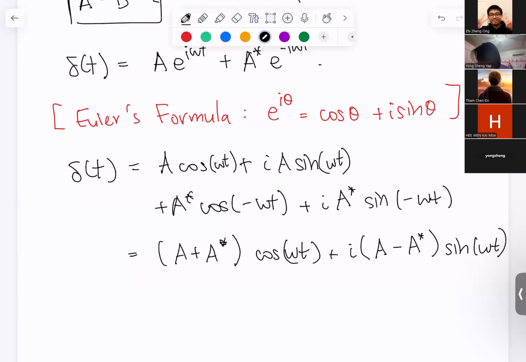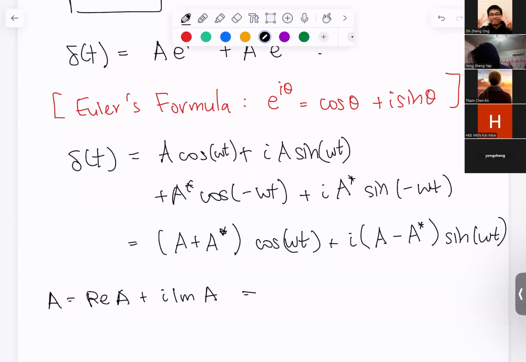If A equals the real part of A plus i times the imaginary part of A, then A plus A star is 2 times the real part of A, times cosine omega t, which is real. Cosines are real, and the real part of A is real. Plus i times A minus A star.